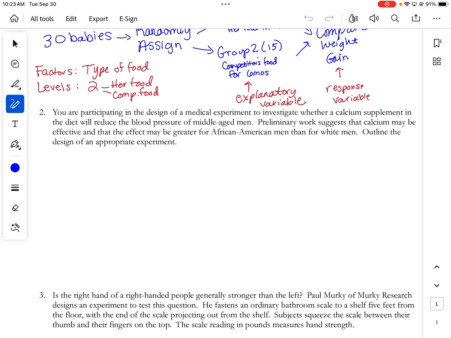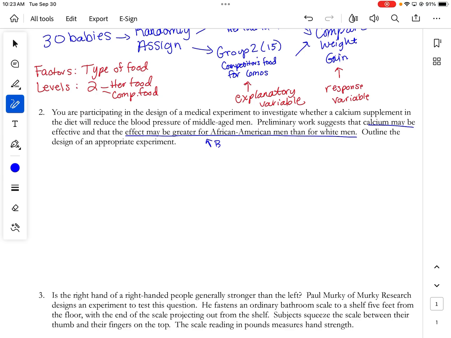So, do we see a key phrase in there that says you need a block because this could affect the results? Maybe greater for. Yeah. That tells me it needs to be blocked. Hey, pay attention, guys. This right here says we need to block.